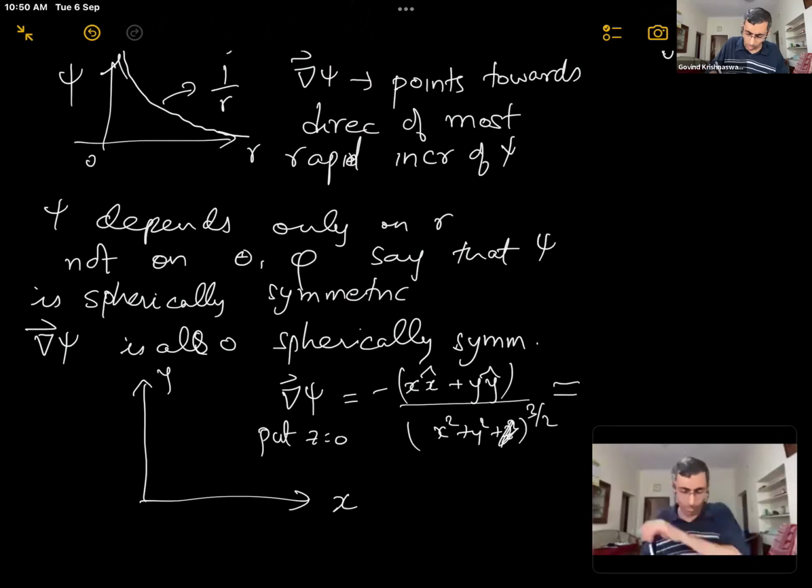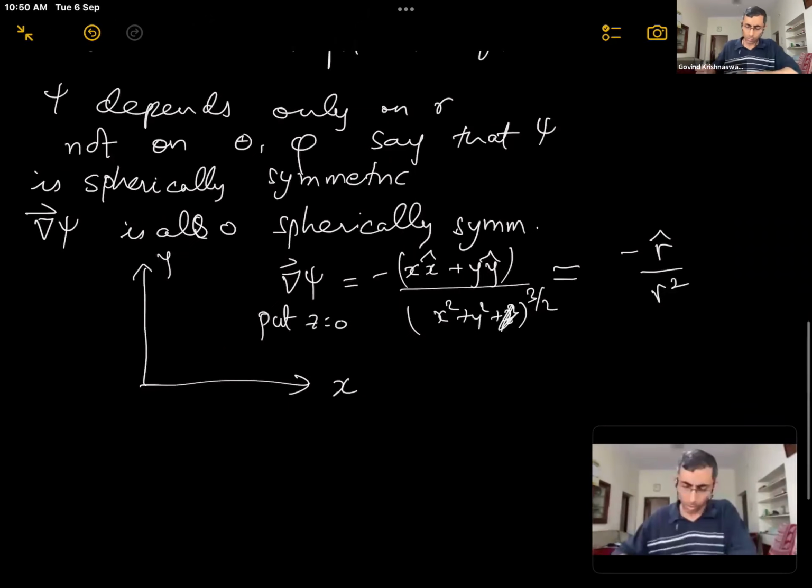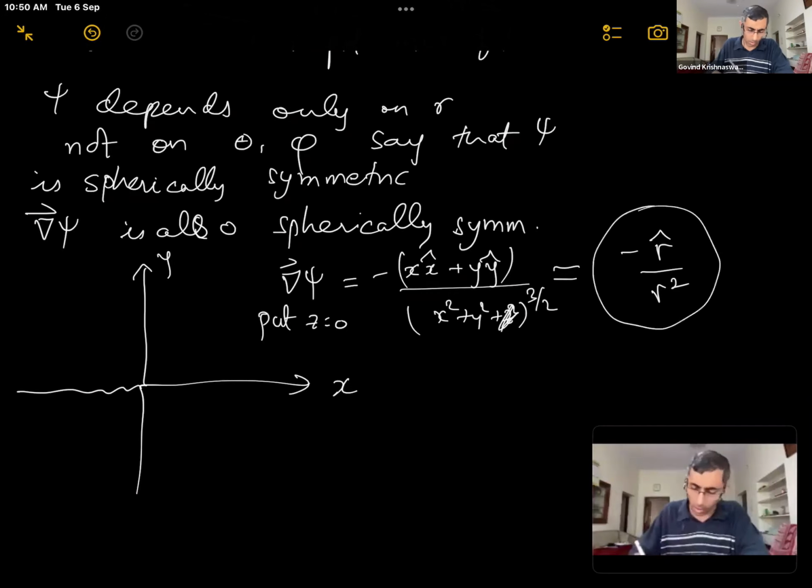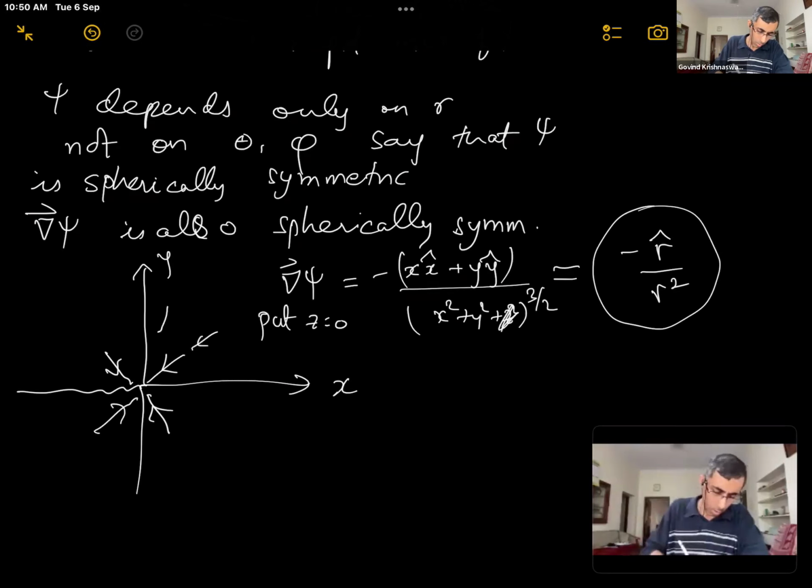Of course, this we can write in plane polar coordinates as minus r hat by r squared, essentially what we had before in spherical polars. So this field is relatively easy to draw. It points radially inwards, and it's larger when you're closer to the origin. So I'll draw a long arrow here, and then as I go out, I'll draw shorter arrows.